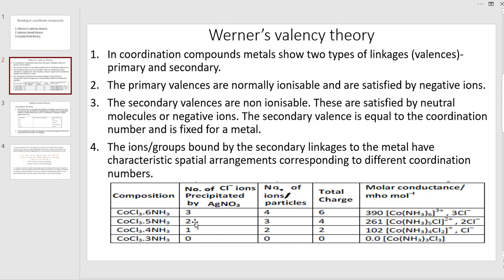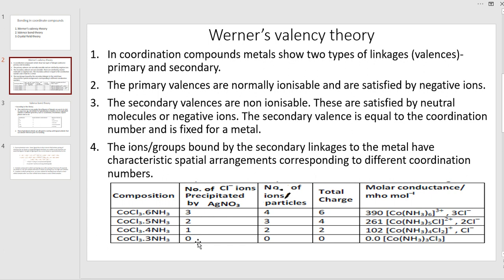Then this compound, what he found, 2 molecules. This compound, what he found, 1 molecule. This compound, what he found, 0 molecule. So by this observation, he mentioned all these postulates. Right? He mentioned that two types of linkage, primary, secondary. The primary one is ionizable, so in the first case 3 chloride ions we could get.